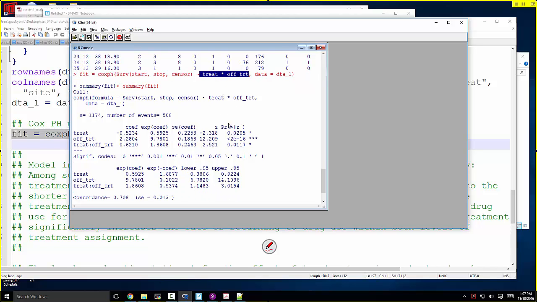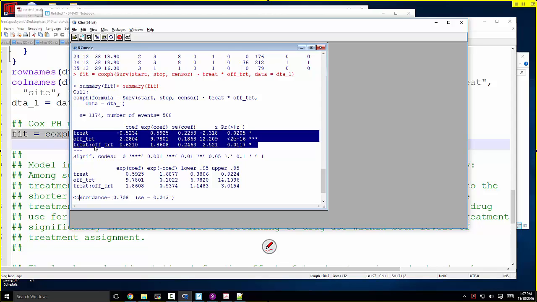So here's a usual Cox model output. No intercept. Remember, we don't have an intercept with a Cox model. But I have a treatment effect, an off-treatment effect, and an interaction. So I could interpret things interestingly, like what is the effect in terms of risk of going off treatment?